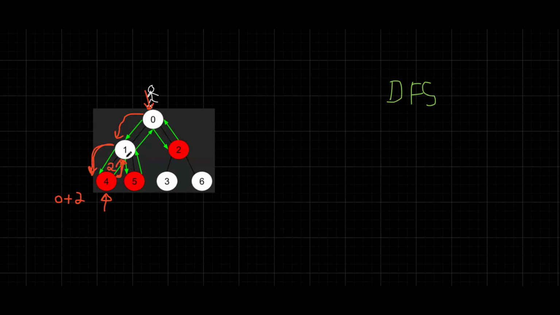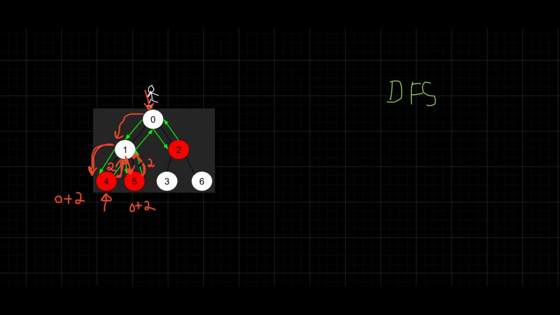Now from node 1 we will go to node 5, and node 5 will also return the value 2: 0 for the plucking, and as node 5 has an apple, it will take 2 additional time to get down from 1 to 5 and get up from 5 to 1.